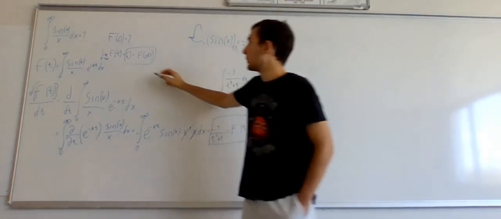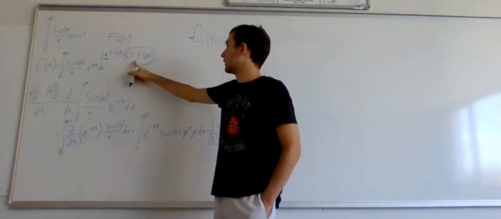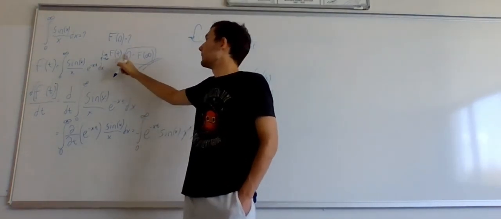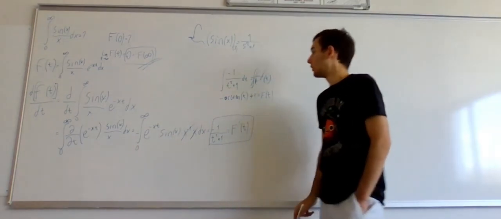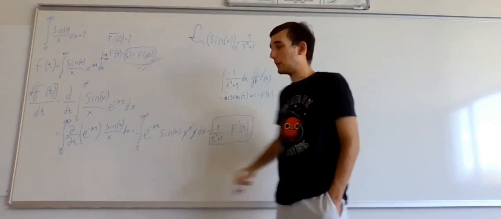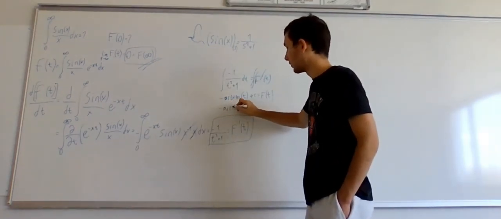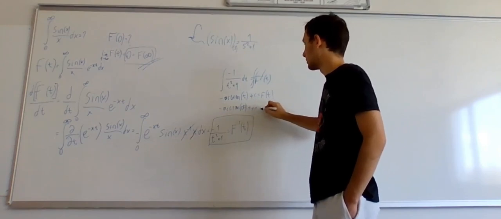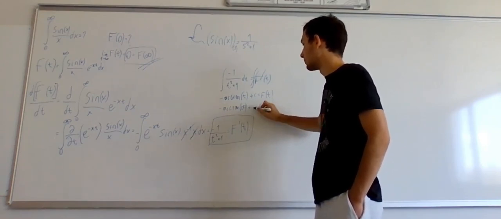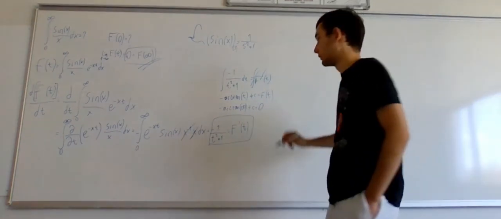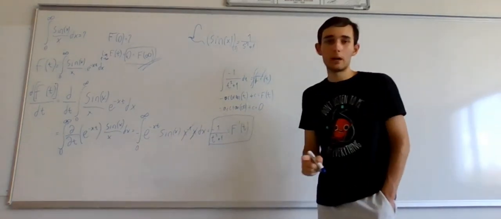Now, we determine this initial condition here. The limit as t approaches infinity of f of t is just equal to 0. So we can say negative arctangent of infinity plus c is equal to 0. Now, arctangent of infinity is a pretty convenient value, and it's equal to pi over 2.